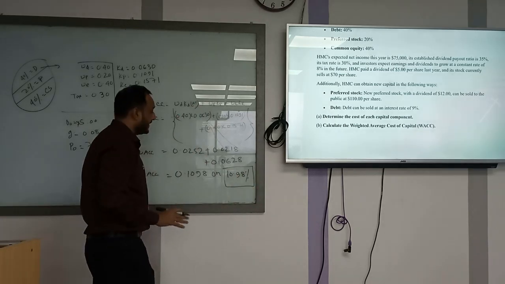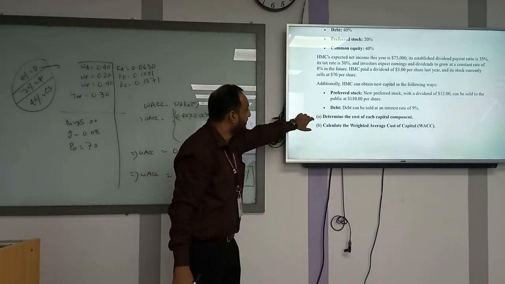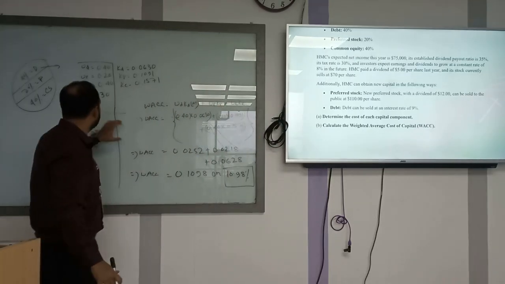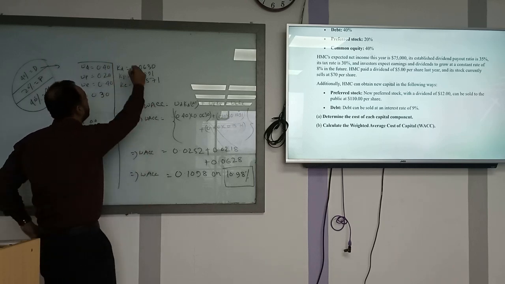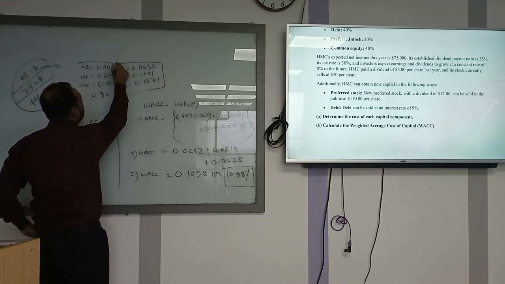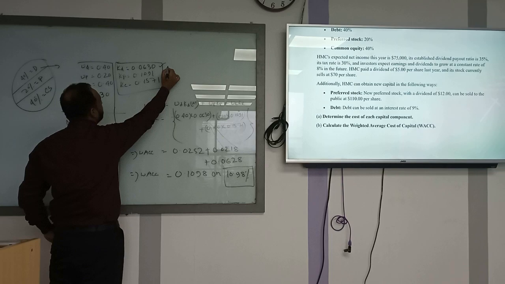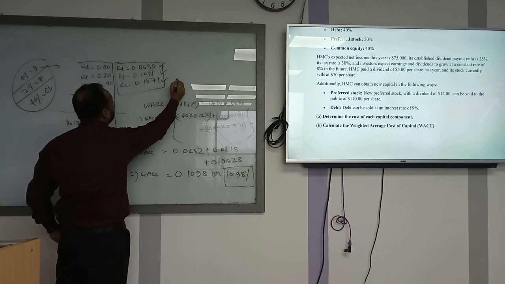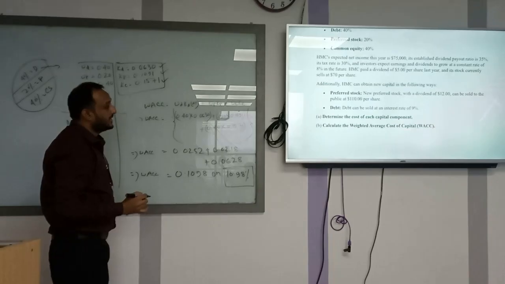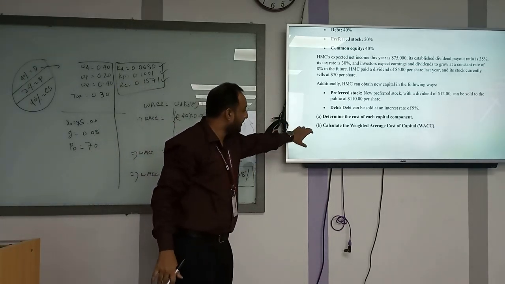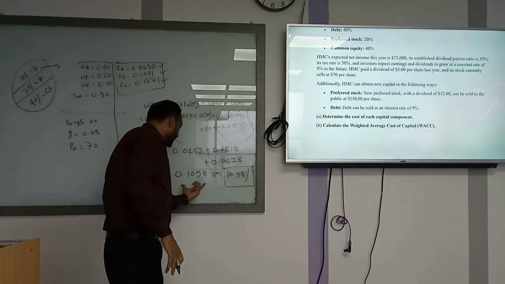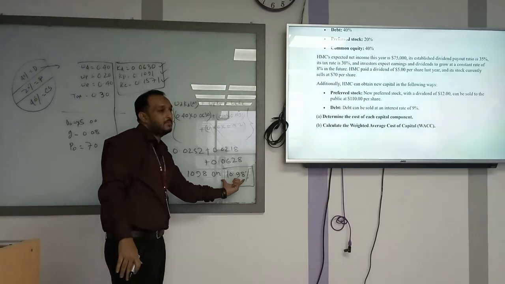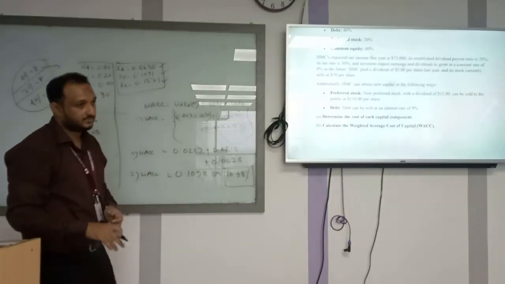So according to the requirement 1, determine the cost of each capital component. So each capital component, our component cost হচ্ছে this one: 6.30%, 10.91%, 15.71%, and according to the requirement B, calculate the weighted average cost of capital, and that is your weighted average cost of capital 10.98%. Done. Okay.